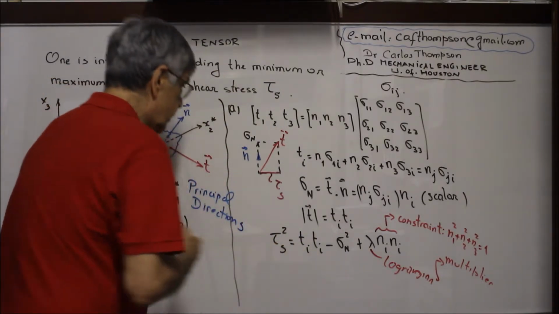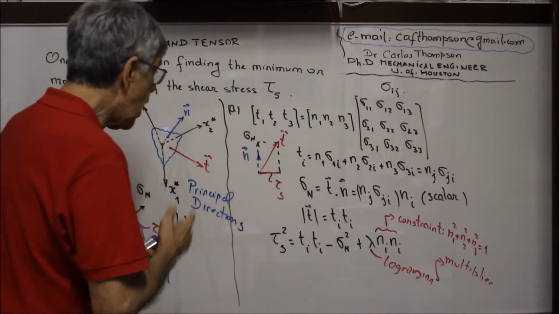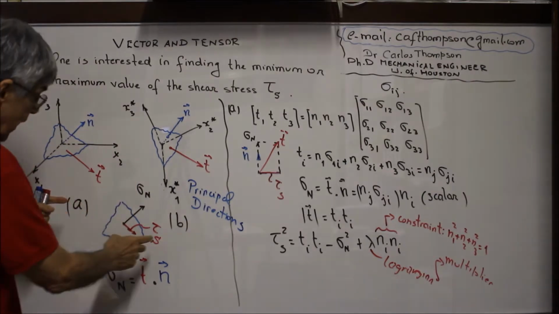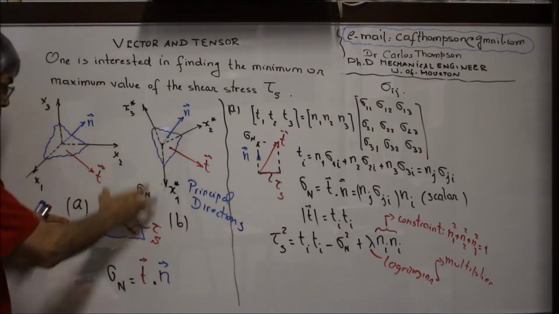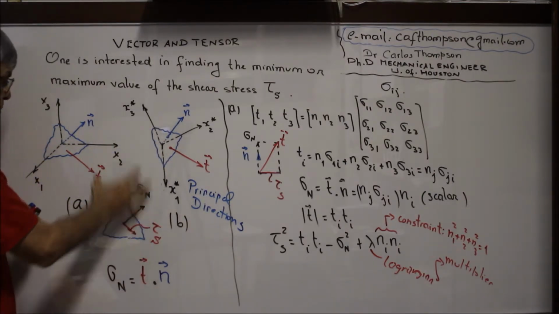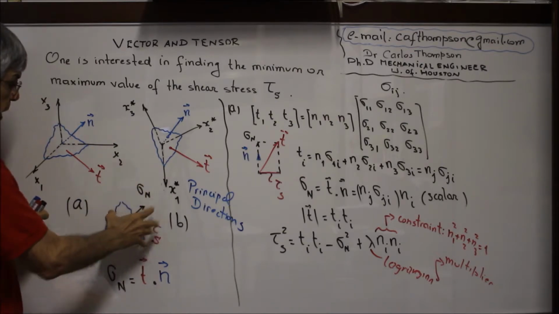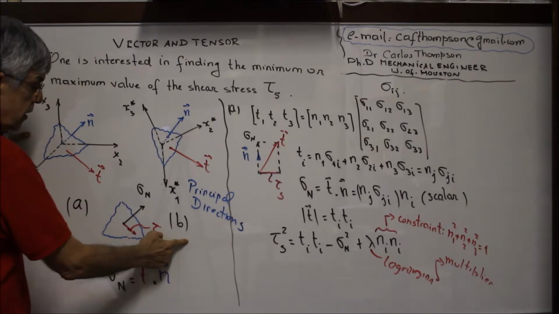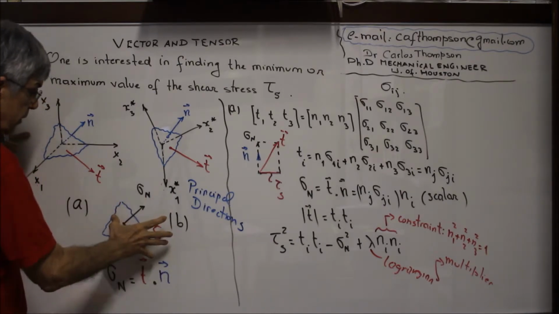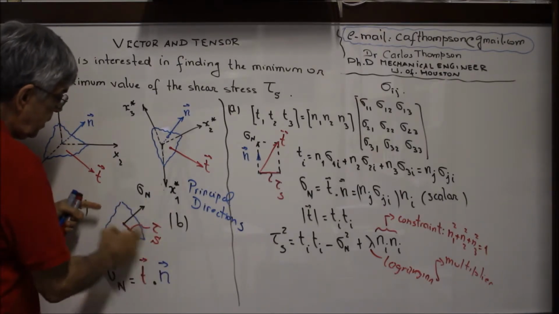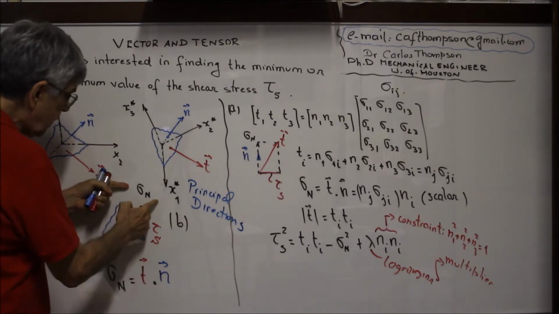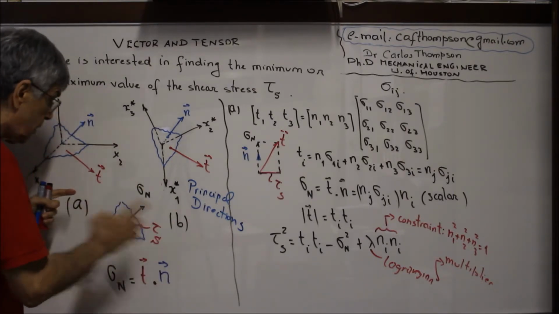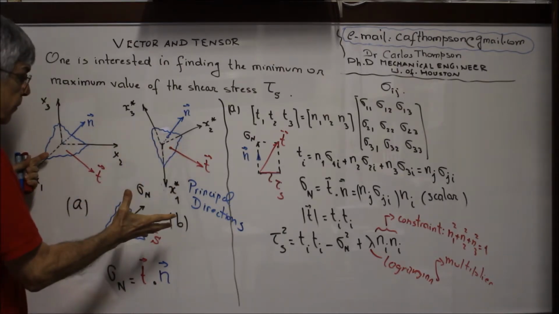I will not do it this way, because I will express the same tau s squared, which does not depend on the system. That's why I put this picture here in the middle. This belongs to section A and section B, the same. T, tau s, sigma n, and n do not depend on the system.